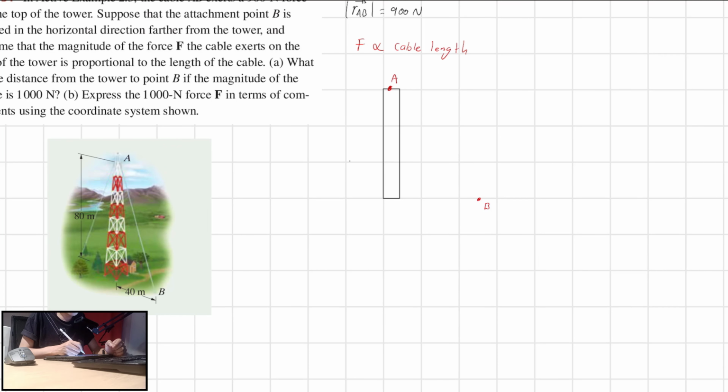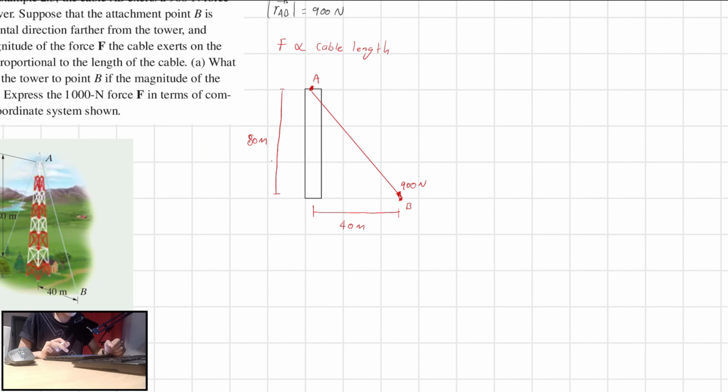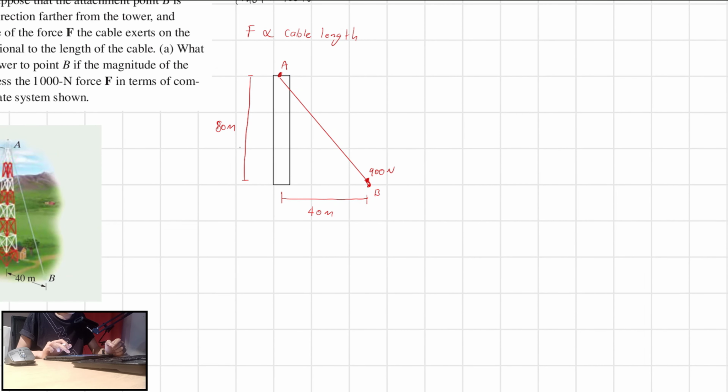At first, as you can see right here, we have 40 meters, and right here we have 80 meters. And finally, we have the magnitude of the force of this cable, which is 900. So we are playing right here with lengths and forces.